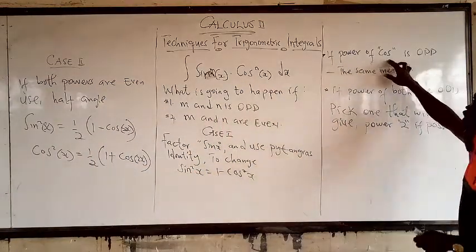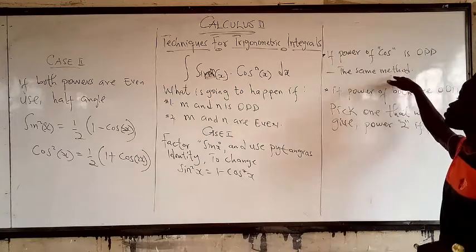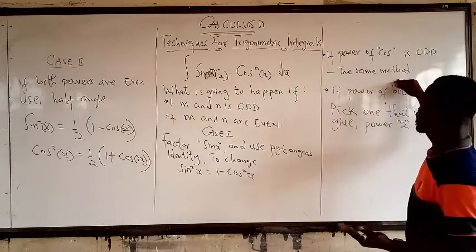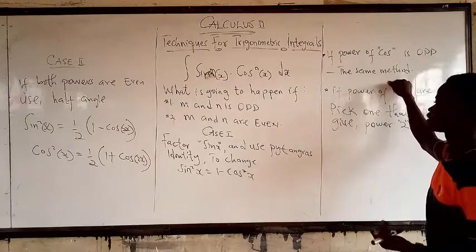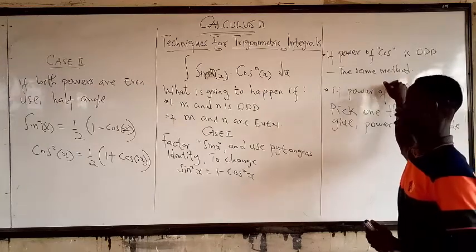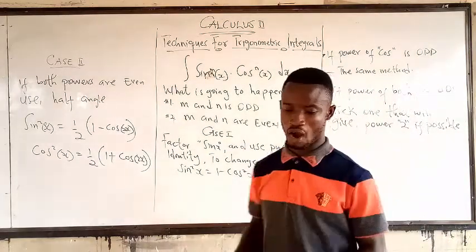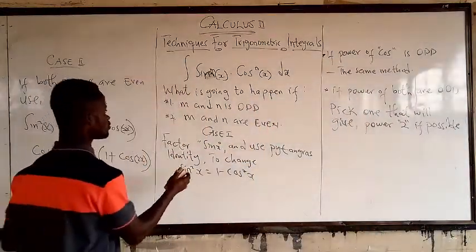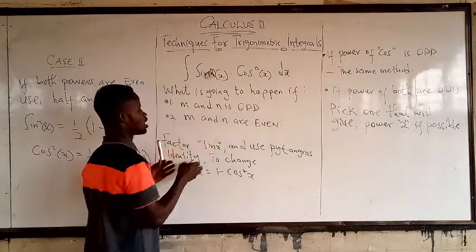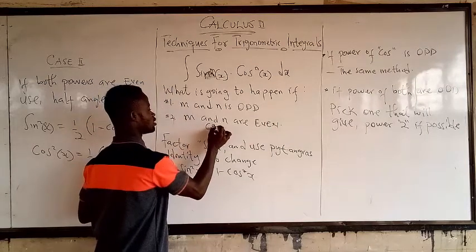If the power of cos is odd, the same method. Let me correct it.